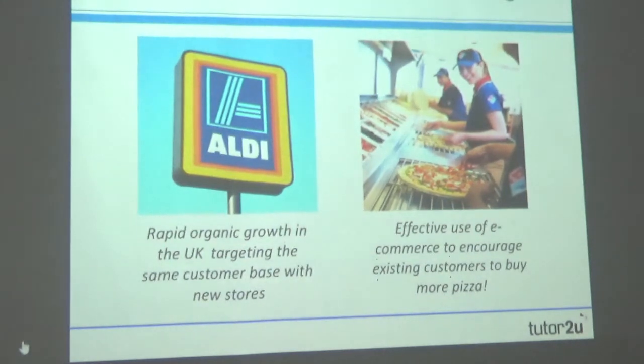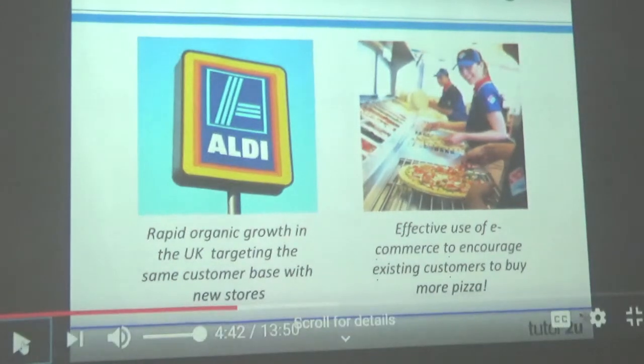Aldi trying to build its market share of the UK discount grocery market by opening as many similar stores in suitable locations. Alright, so just to bring it to what we're going to talk about in a little bit, Aldi. Aldi is a supermarket chain that is, I believe, in Italy, and they are opening in England. They're opening their own shops, they're investing their own money. It's a huge investment.